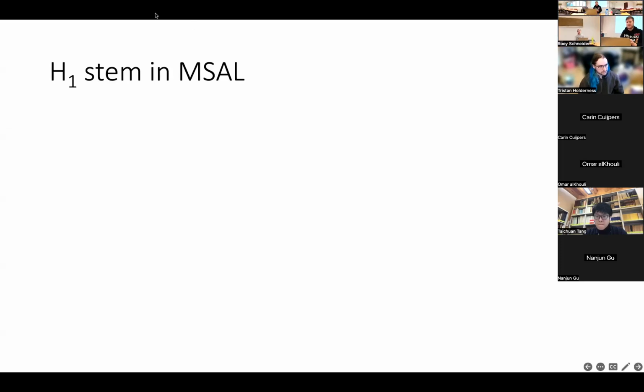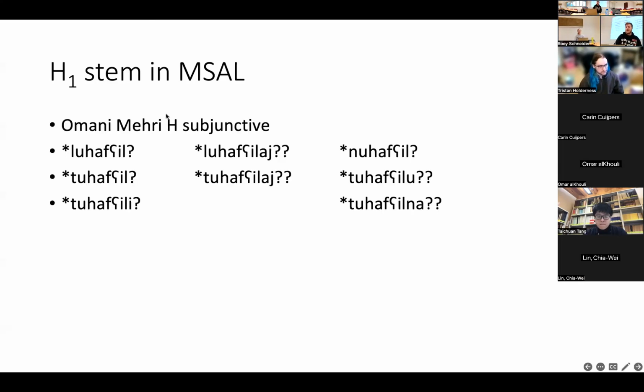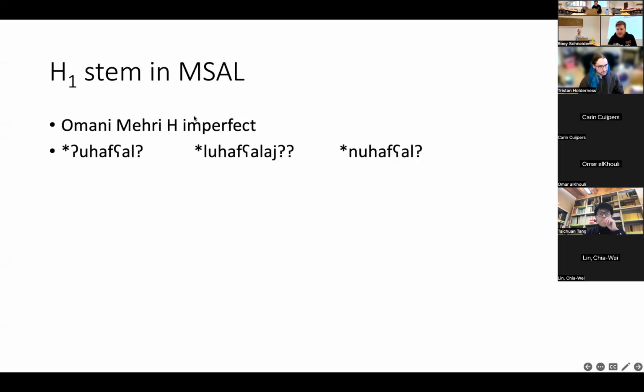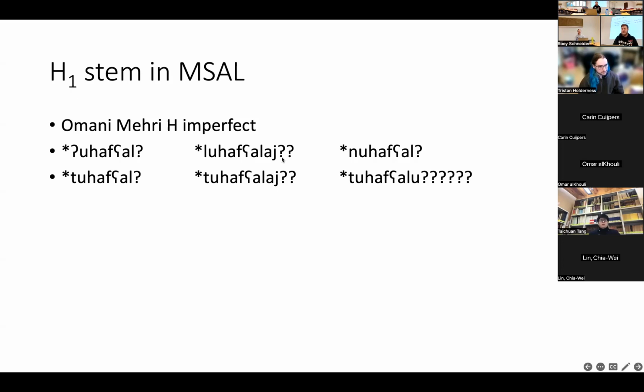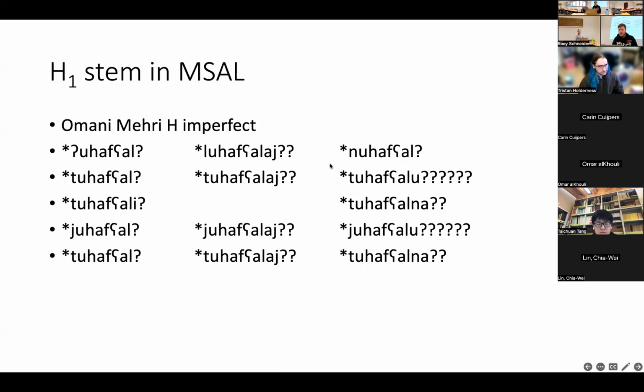Oh, now there's video. Nice. Okay, so my reconstruction would be something like this. And so on. So yes, I believe the H1 stem in modern South Arabian is the exact parallel of the Shin stem in Akkadian.